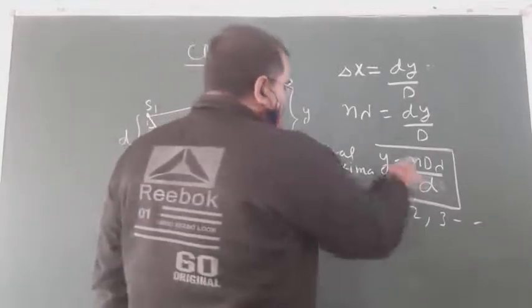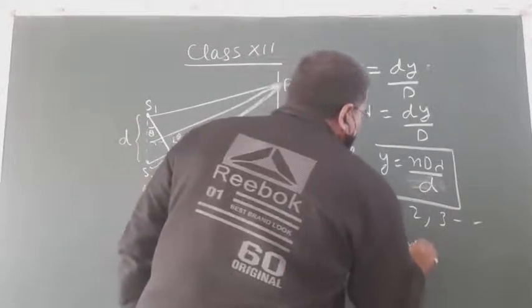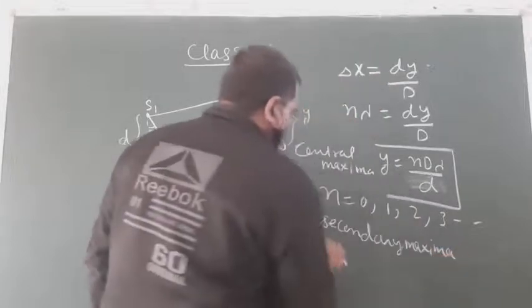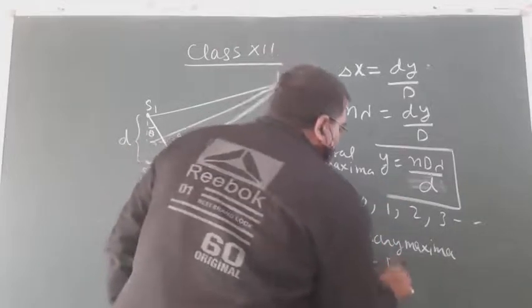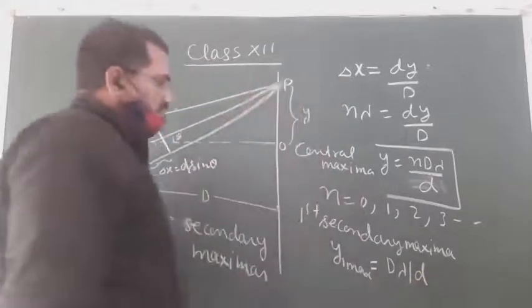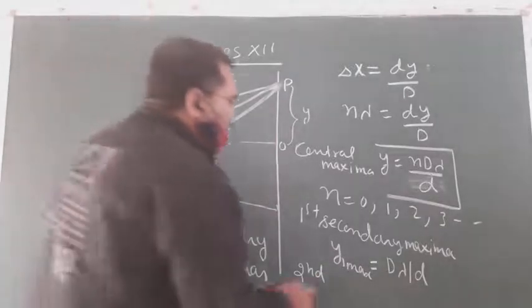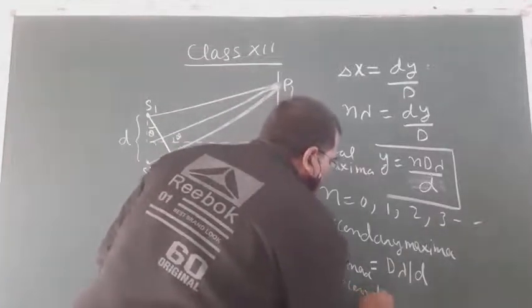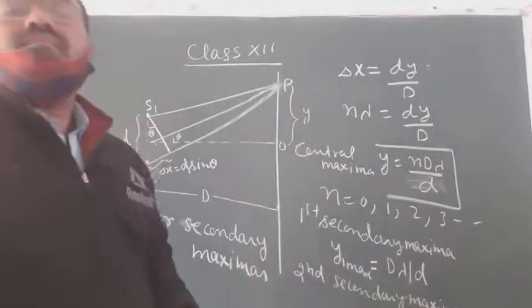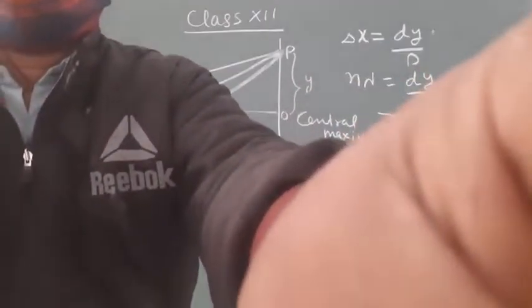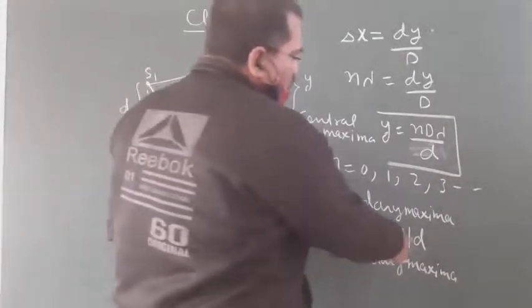If you put 1, first secondary maximum: y1 is D lambda by d.